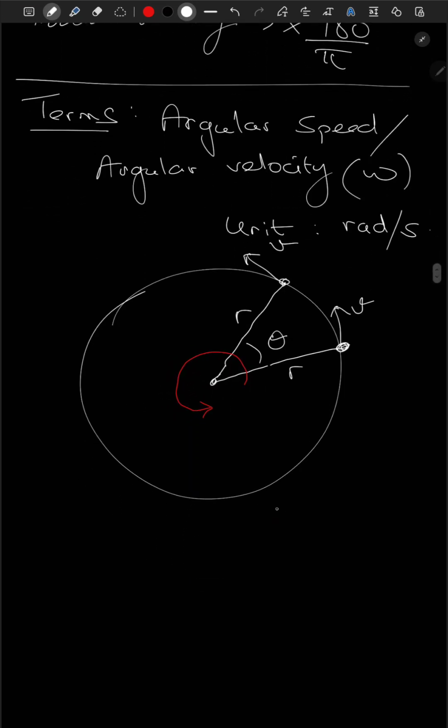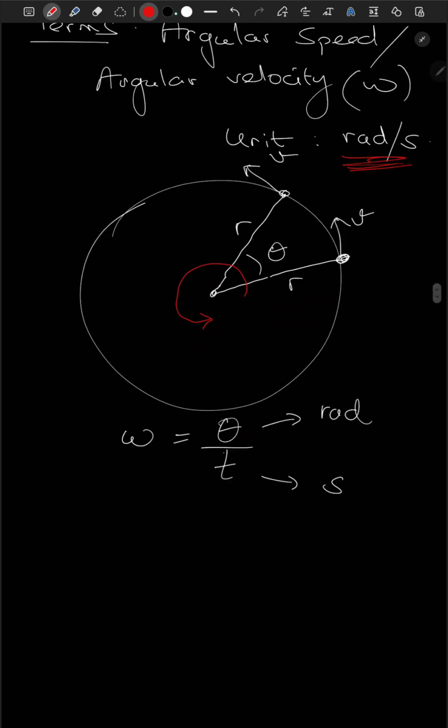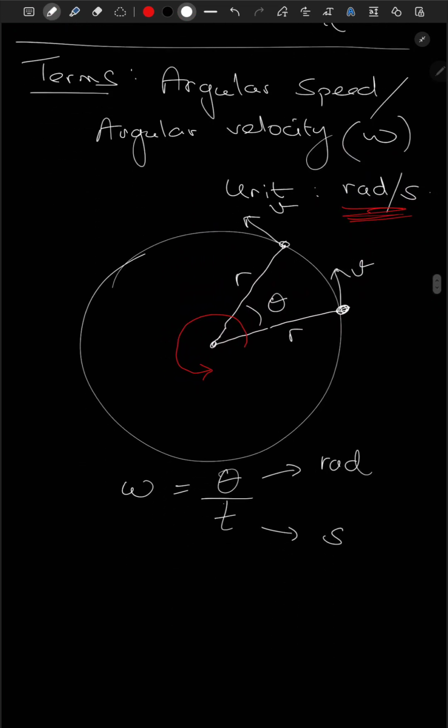So the angle is in radian. So omega is equal to the angle covered divided by the time it takes to complete the path. So this is in radian and this is in second. So the unit is radian per second, and therefore you can see how we arrived at it here.